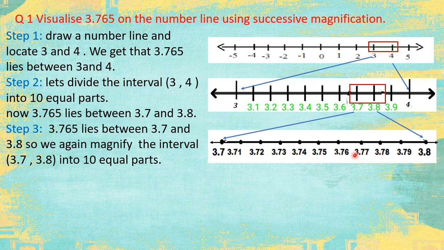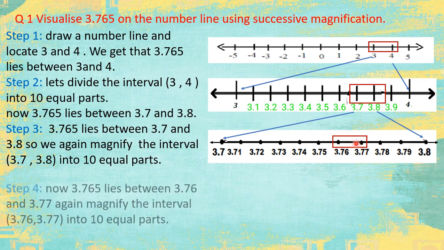Now again we observe that the given number 3.765 lies between 3.76 and 3.77. Again the same process we have to follow. We have to make the 10 equal parts of 3.76 and 3.77. Between these two we have to draw the 10 equal parts.